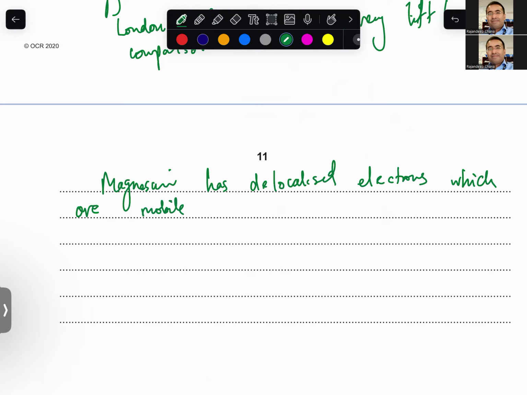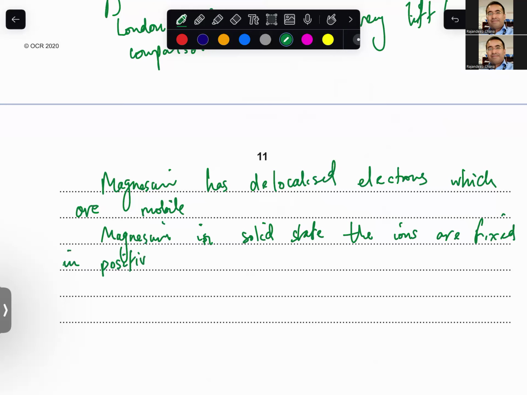So whether it's a liquid or a solid, you see with magnesium bromide in solid state, what are the ions? In solid state, the ions are fixed in position and cannot move.